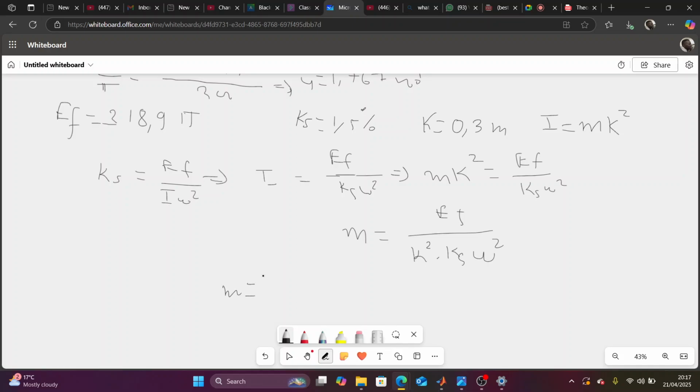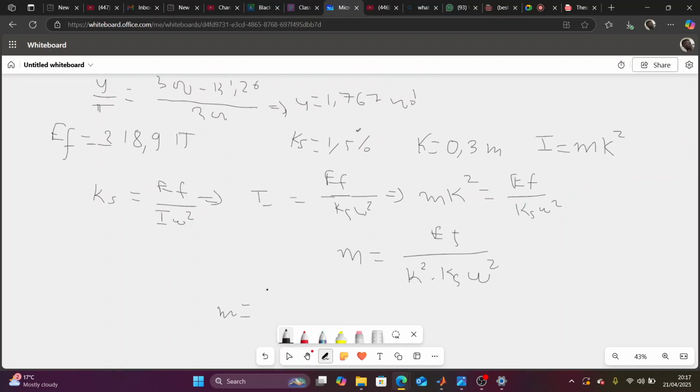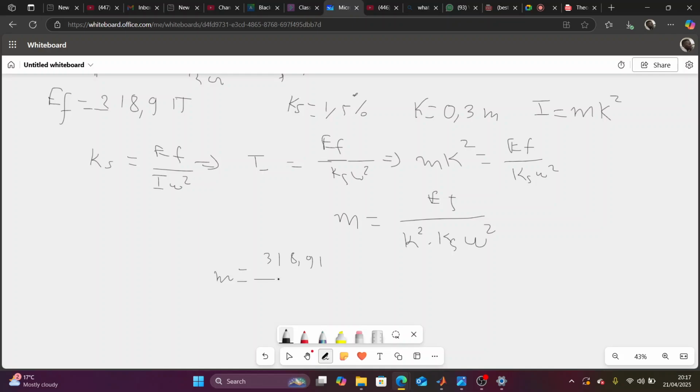So let's try to substitute for M. What is E? E we found to be 318.91, divided by K square. Radius of gyration is 0.3, so you have 0.3 squared, multiplied by Ks. What is Ks? It's 0.015. Now, what is W?